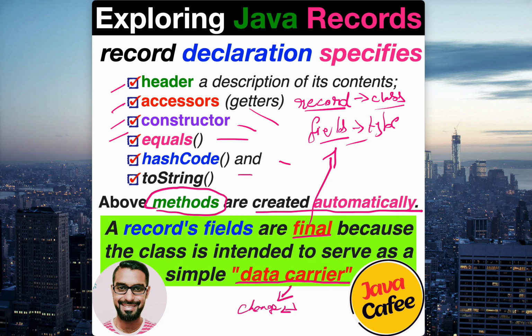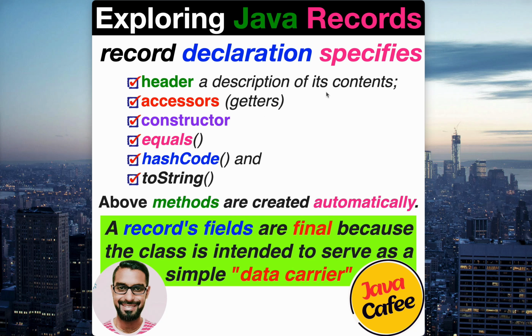So keeping all these criteria in mind, we can go ahead and quickly see how a record snippet can be created, and we can experience the difference between the styles that we will be seeing between the record class and a traditional data carrier class.